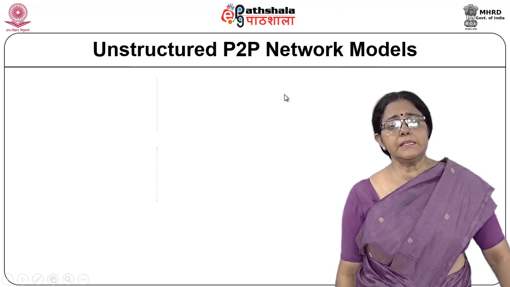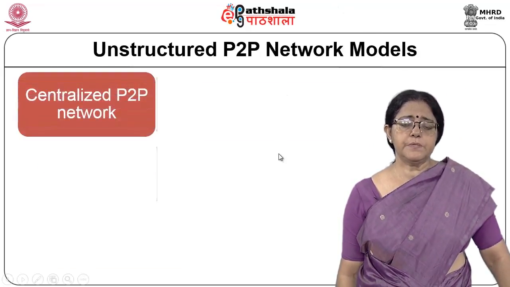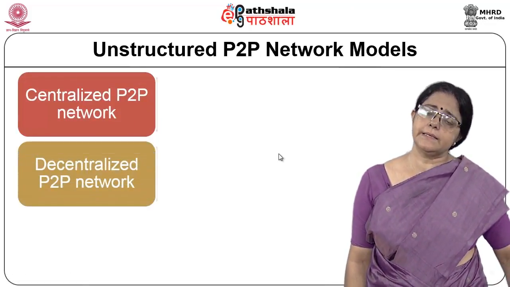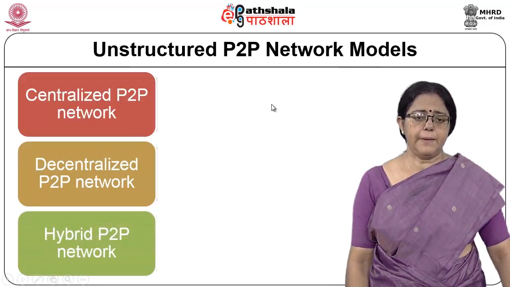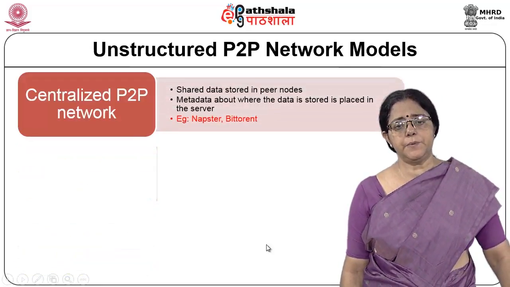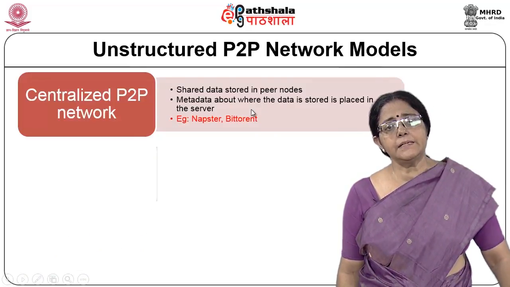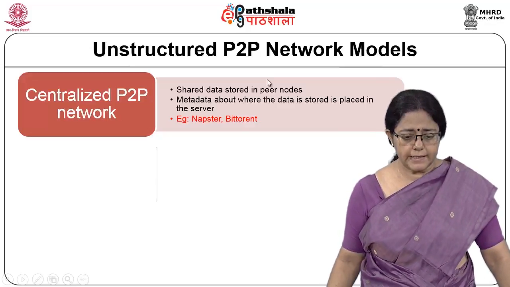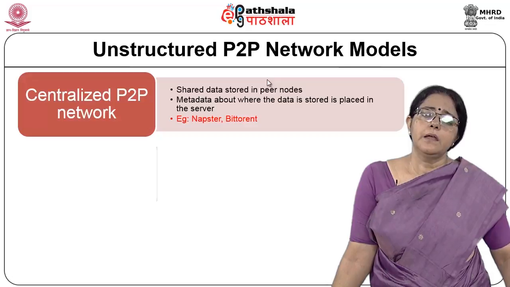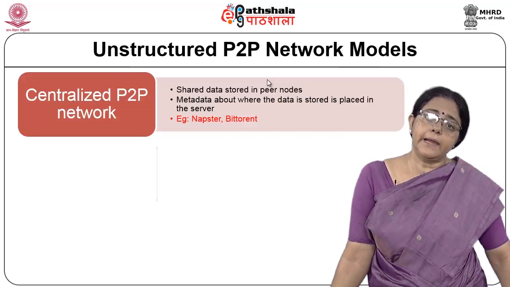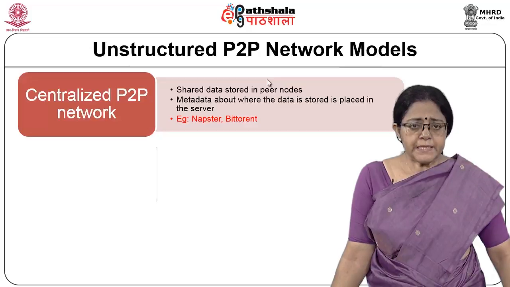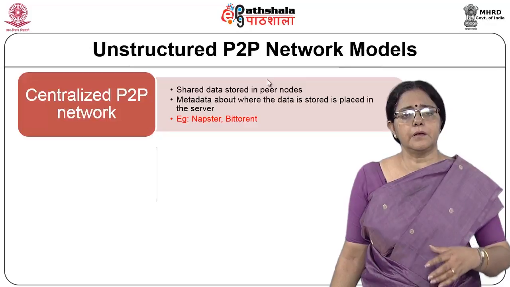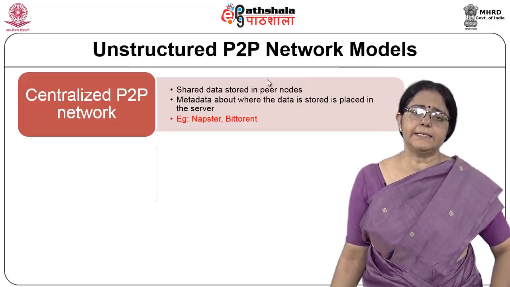Now, in unstructured, we have a few types. One is called the centralized P2P, the next is called the decentralized P2P, and the third is a hybrid model. In centralized P2P, there is a server. Now, what does this server contain? We must understand this very clearly. The server is not the same as the server in a client-server mechanism. This is a server which contains the indices of information about the data among the nodes.